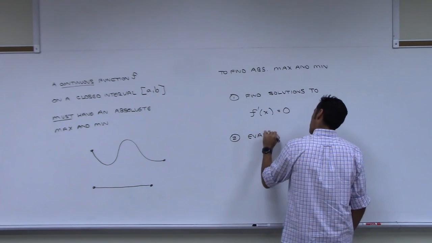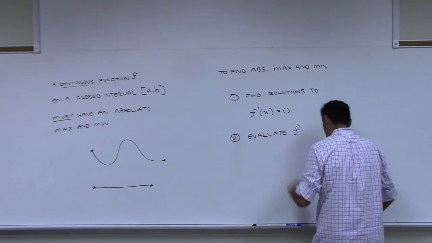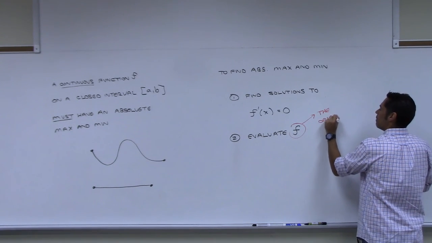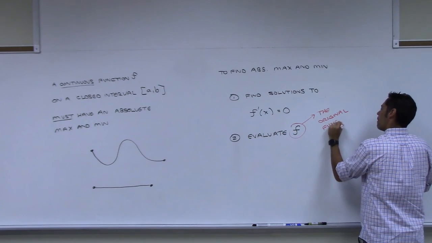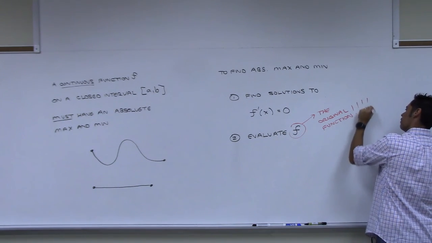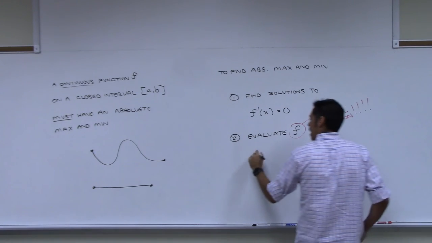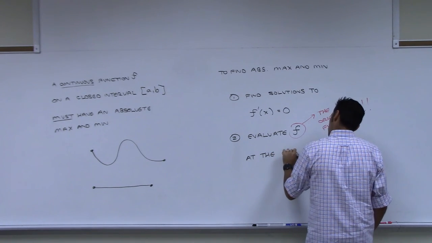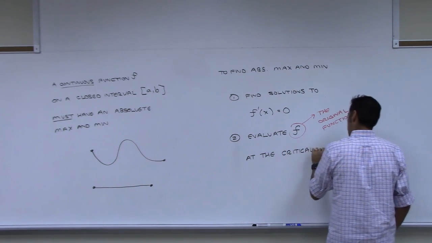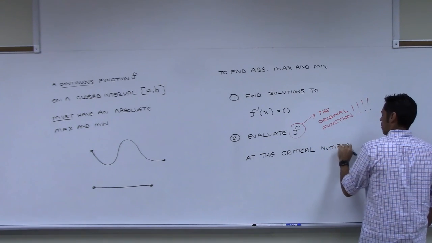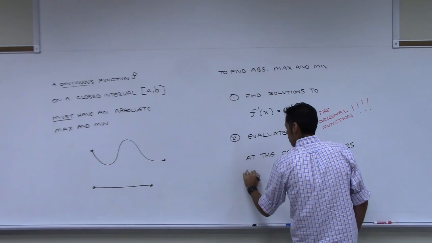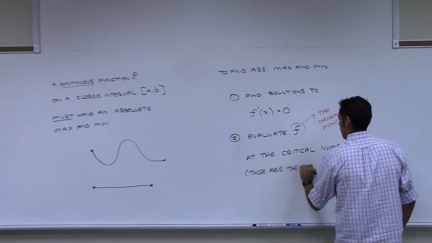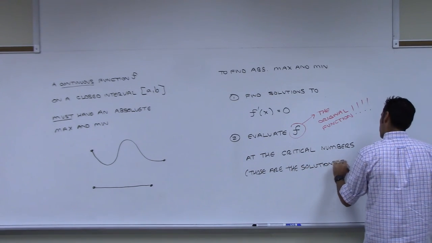Step 2. Evaluate f, the original function, at the critical numbers, those are the solutions from part 1.